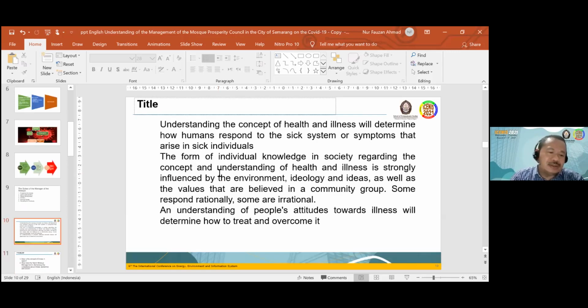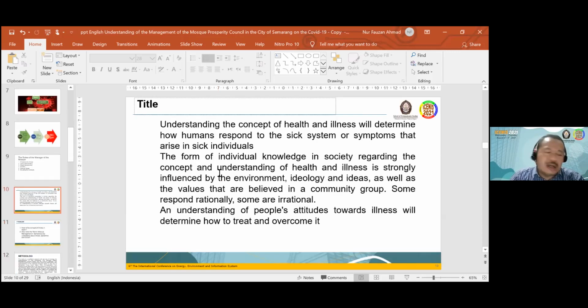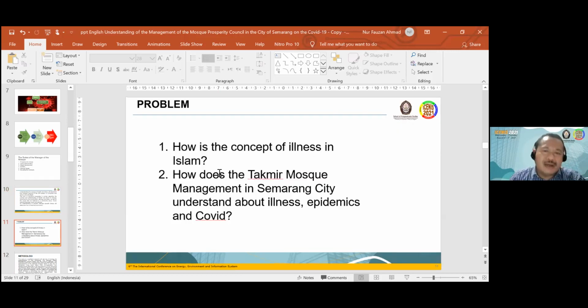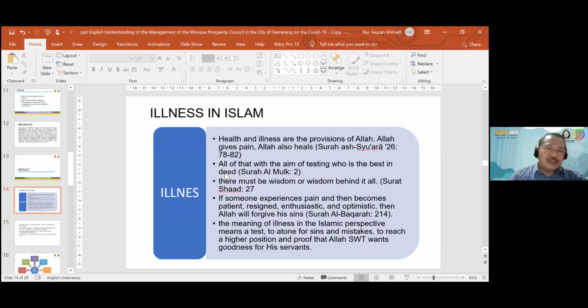So the problem is: how is the concept of illness in Islam, and how does the takmir mosque management in Semarang City understand illness, epidemic, and COVID? As you know, in Islam, health and illness are the provisions of Allah. God gives pain, and Allah also heals, as we can read in Surah Ash-Shura.